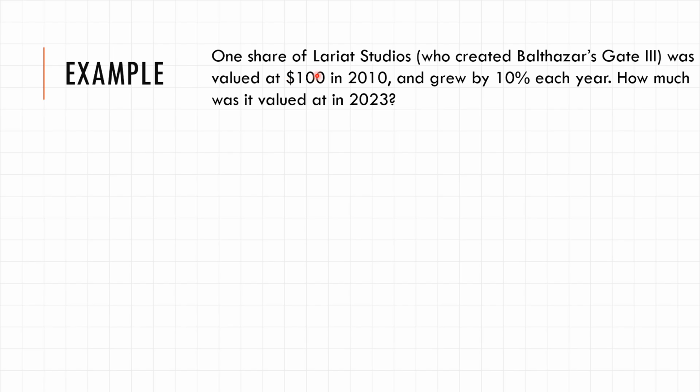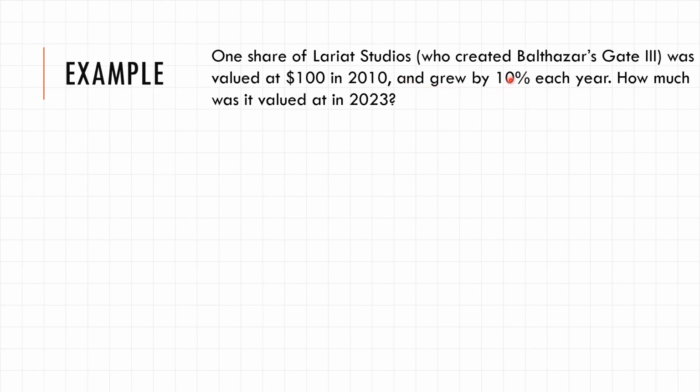You would give the studio $100 in 2010, and then you would own a piece of the studio that created Baldur's Gate 3. Now that studio is very successful. It's created all of these wonderful games, and that was in 2010. So your one little piece of the company is growing in value because the company is becoming more and more valuable. Other people are saying, whoa, I want to own part of the studio.